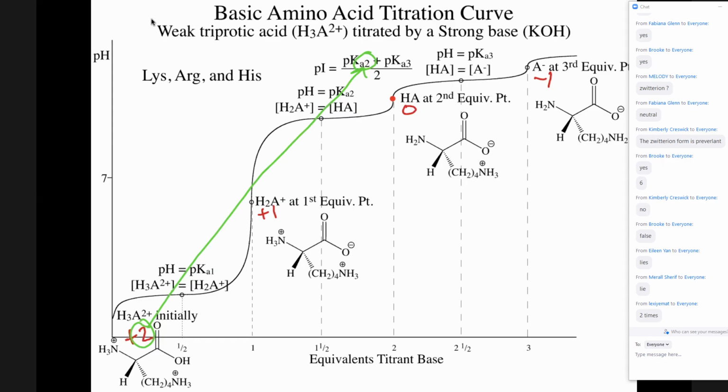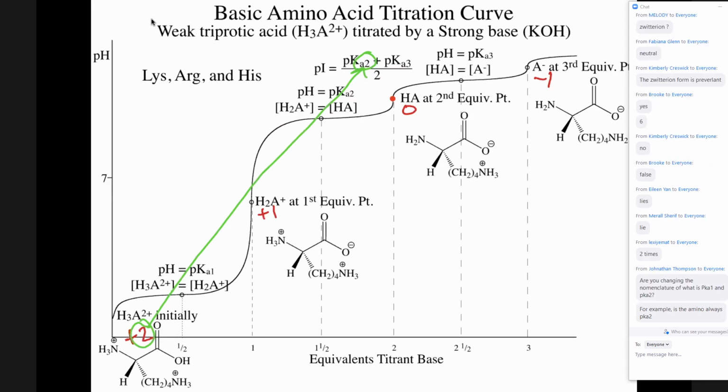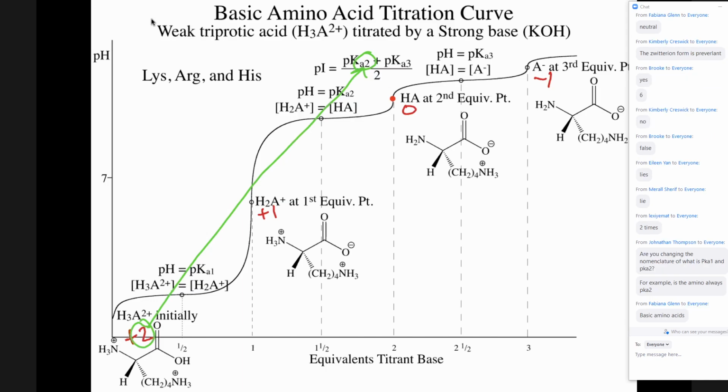For single amino acids, it is always an average of pK1 and pK2, except for which ones? What is the exception? What do you mean by changing the nomenclature? Oh yeah, good point. The nomenclature is for amino acids and for anything in general. pK1, the 1 represents the first proton to come off.